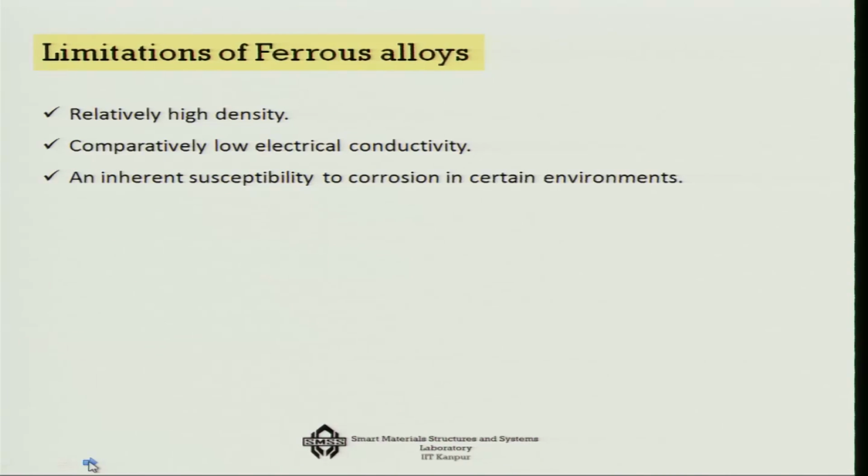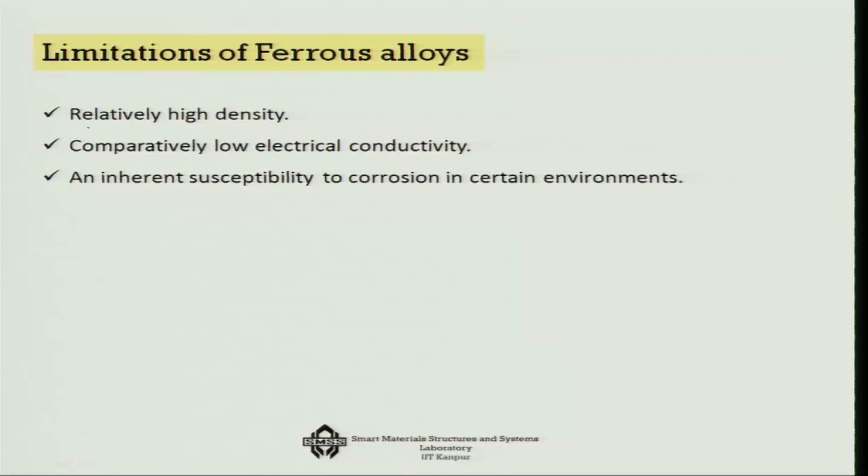Now, what are the limitations of ferrous alloys? Ferrous alloys, no doubt, are very extensively used, but particularly for transport applications and white goods, they are not good. Why? Because they have relatively high density; you can feel that they are very heavy.